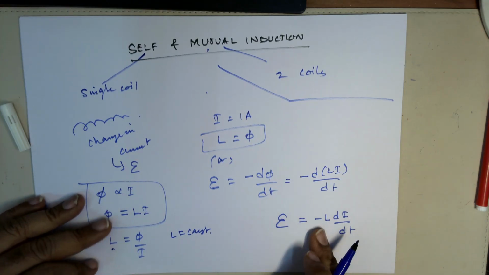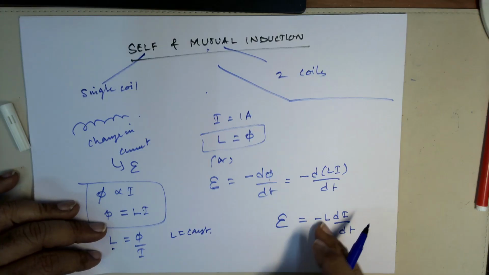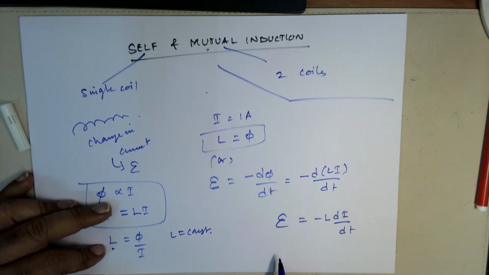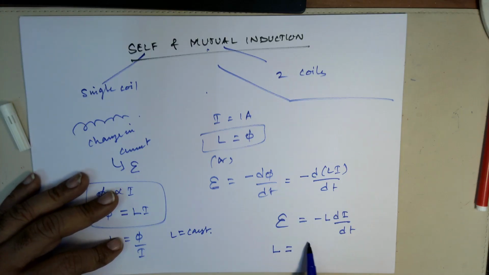Now from this, we can determine L, the self-inductance. L is equal to the modulus of the induced EMF divided by di by dt.